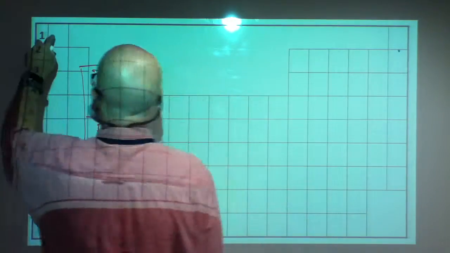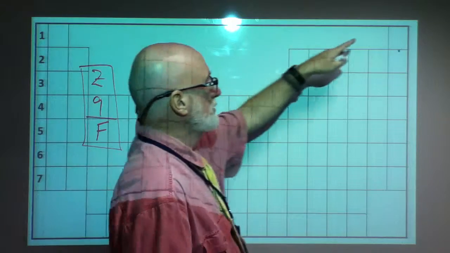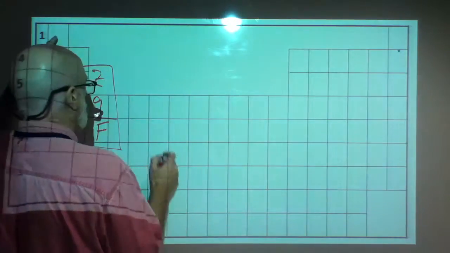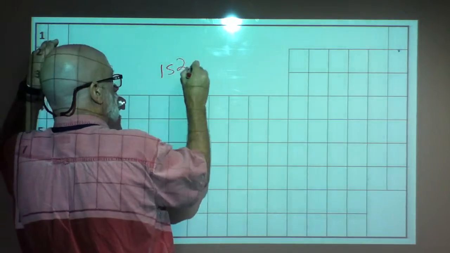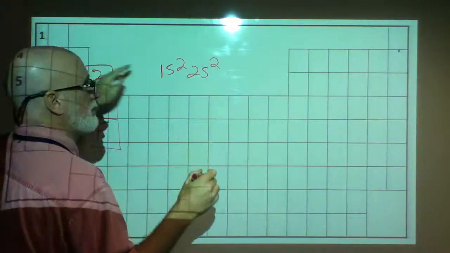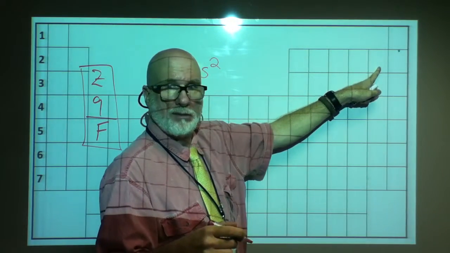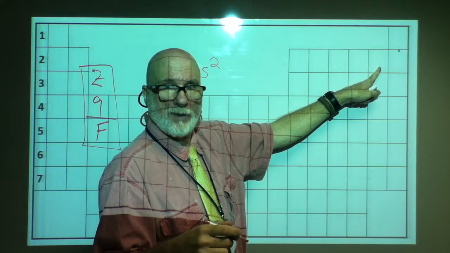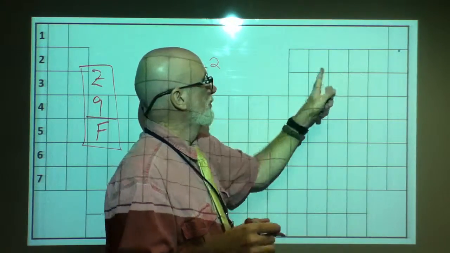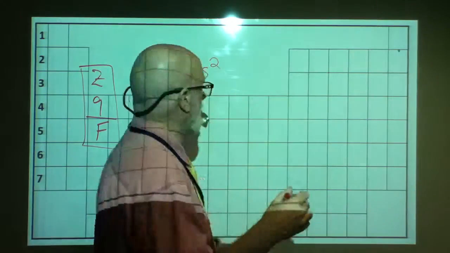So the first one would be 1s2, right? 1s2, 2s2, and then 2p what? 2p what? 2p5, right?